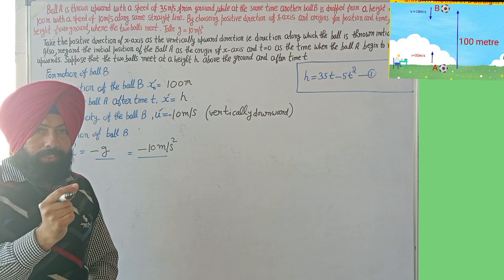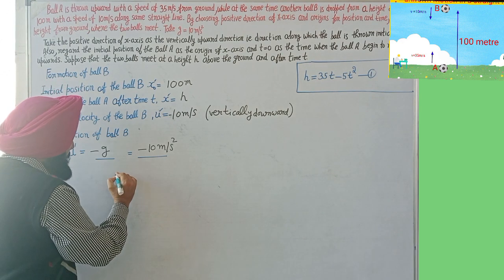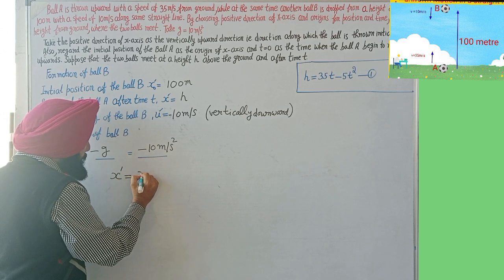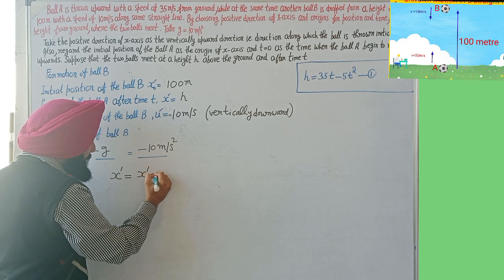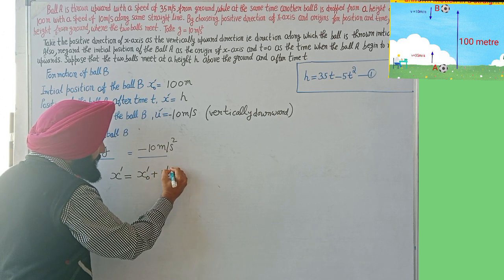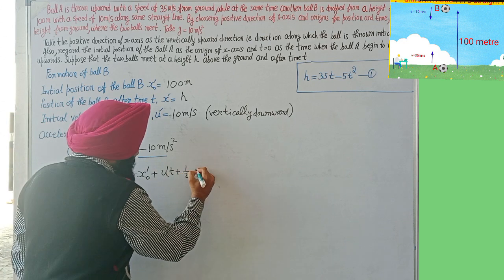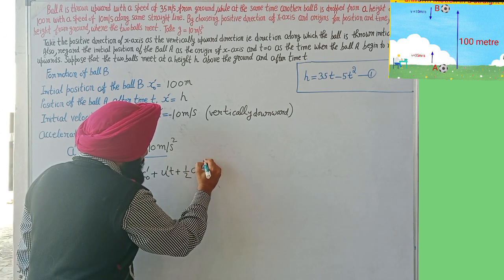Using the position time relation, that is x dash equal to x naught dash plus u dash t plus half a dash t square.